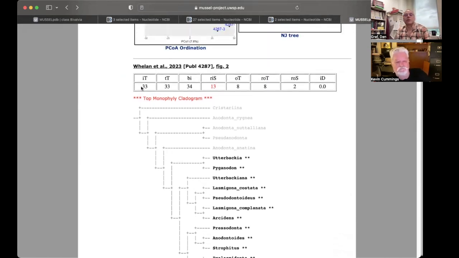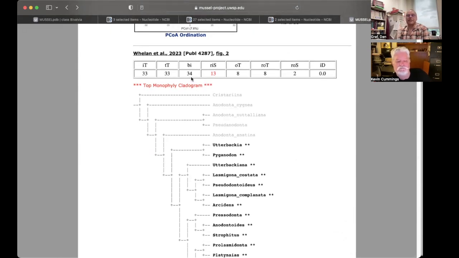So in-group terminal species is the total number of terminals. Bipartitions is the number of clades that exist in the in-group, so 34 clades. It's an indication of how well resolved they are.